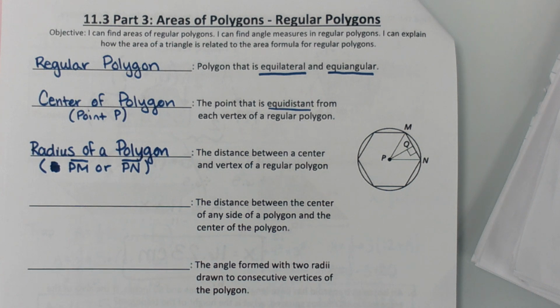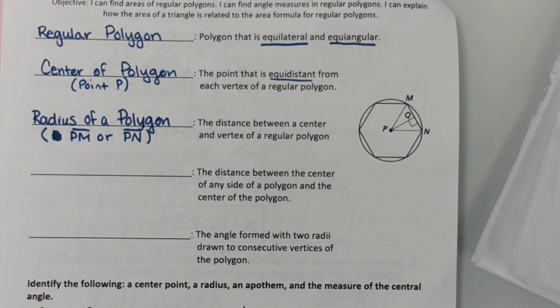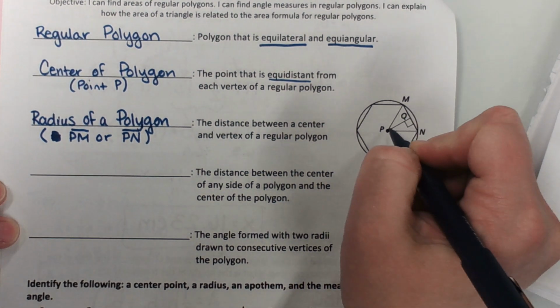Now, to be honest with you, in the ones that we're going to look at, we're not going to need the radius so much, but it's just an important feature to know. They also have a distance from the center to the side of the polygon, specifically the center of each side of the polygon. This would be like the segment PQ.